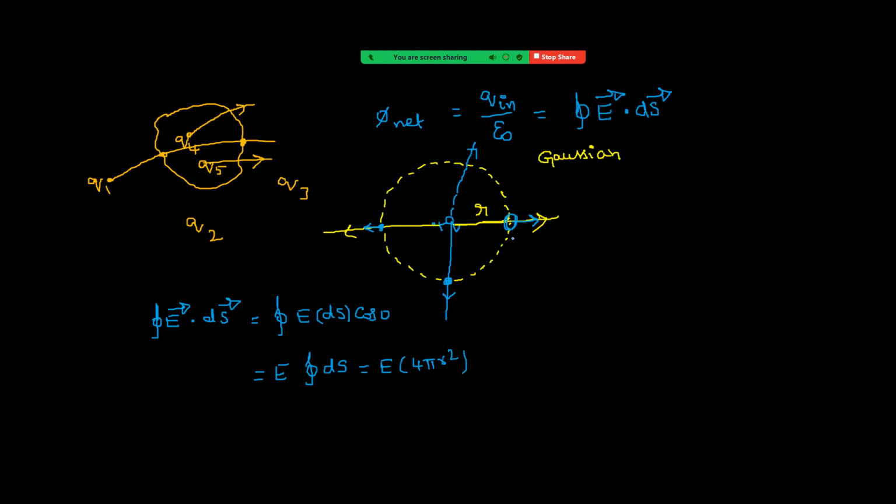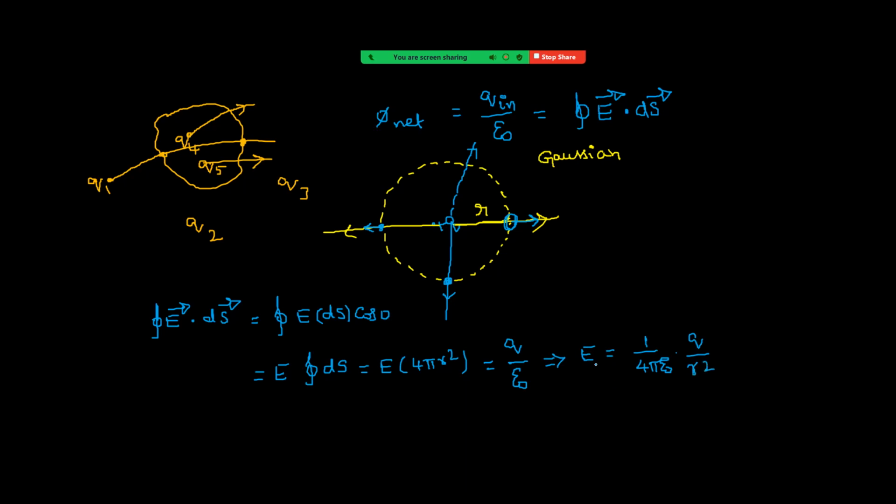This is now the net flux, which is equal to the net charge inside, which is equal to Q upon epsilon naught. From this, see what we get: E equals 1 by 4 pi epsilon naught into Q by r square, right?